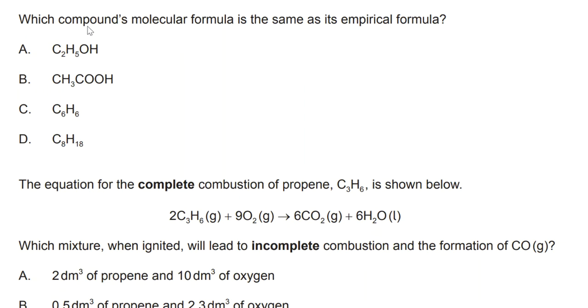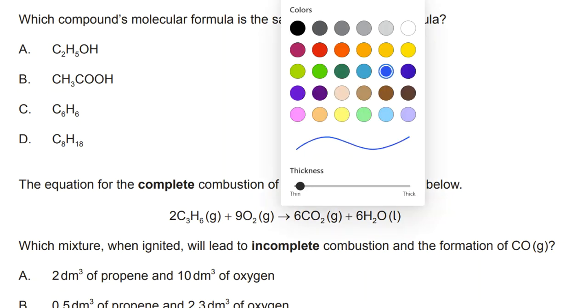So the first question says, which compound's molecular formula is the same as its empirical formula? Well, we need to remember what an empirical formula is. It shows the smallest common ratio between atoms, and a molecular formula shows the actual ratio between atoms. So if we look here, we can see that option C and D, they're both divisible by a common number.